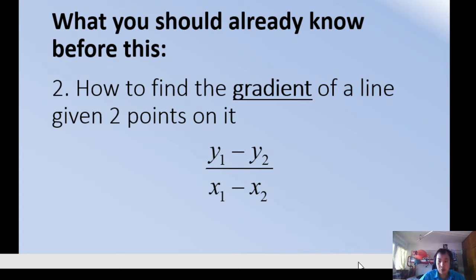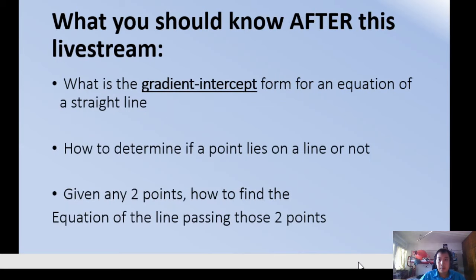All right, so now time for the new stuff, what you all came here for. Before I introduce the formula, you can just take a look. What you should know after this live stream is what we call the gradient intercept form. It's something to remember. It's on the next slide. For the second, I suspect some of you already know: you can substitute a point into a line, but I'll be covering that later.